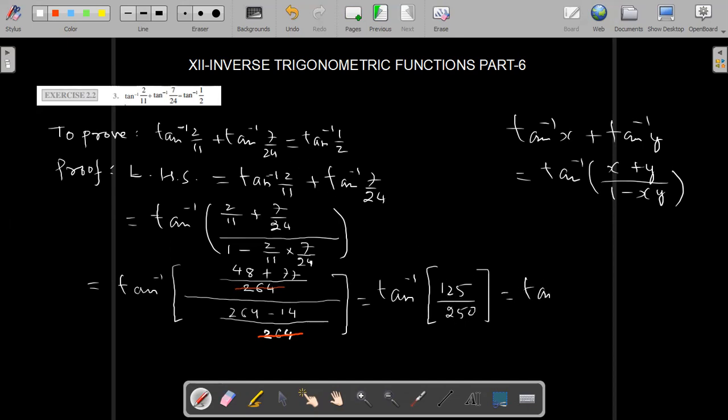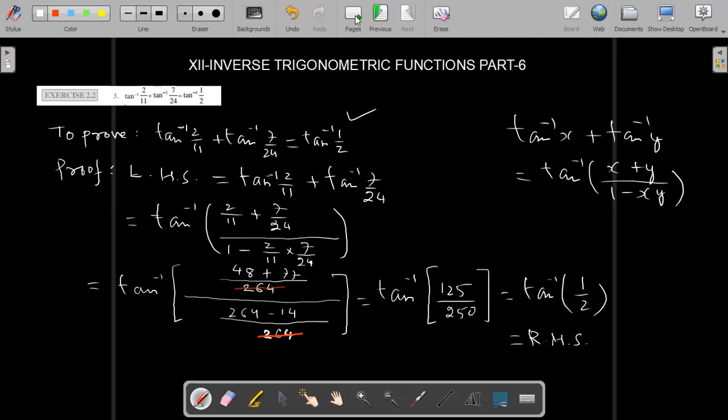Tan inverse 1 by 2, that is equal to the right hand side. So very simple questions were there previously. You just have to remember the formulas.